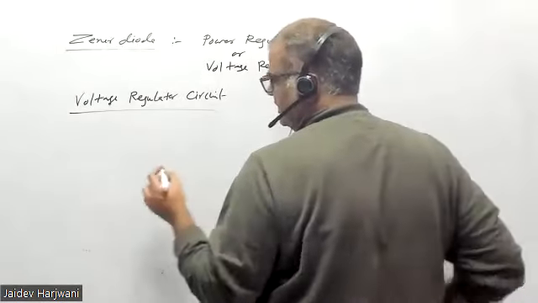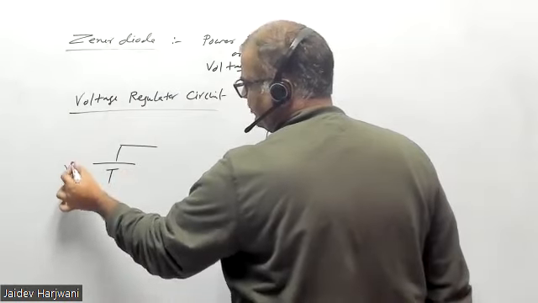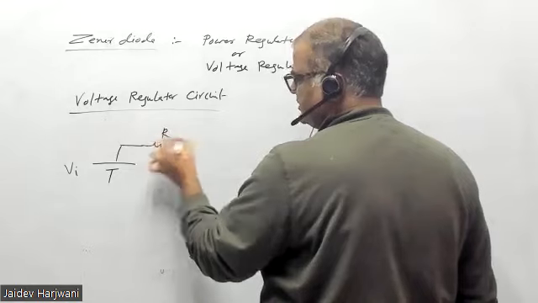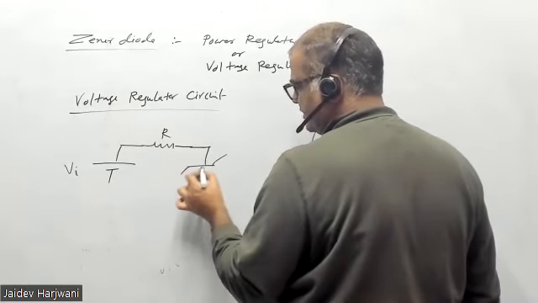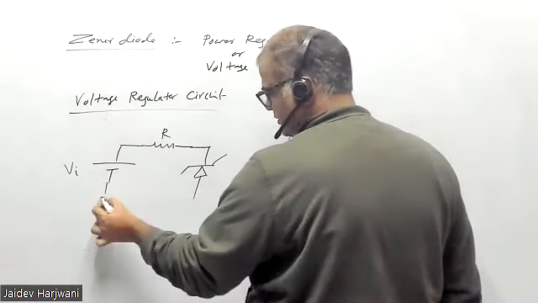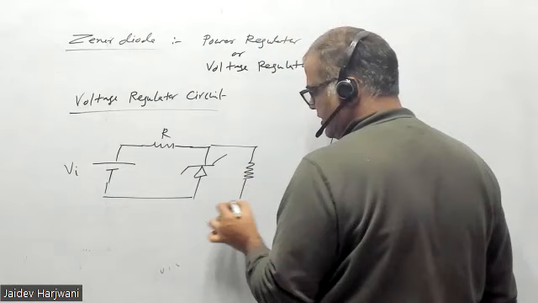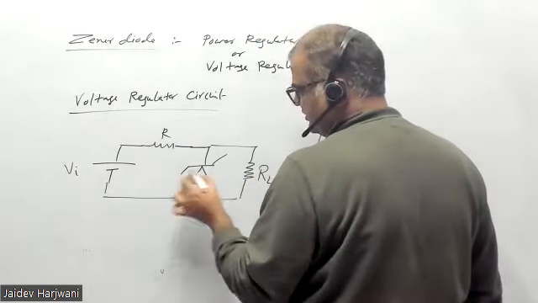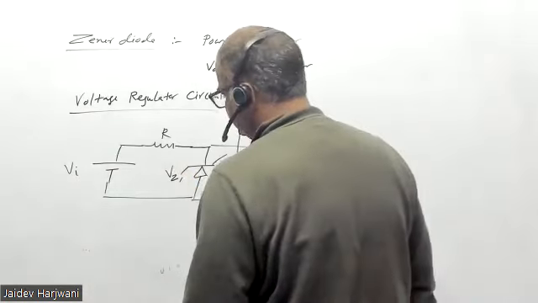You have a battery, say VI, the input voltage I am applying here. Here we have a resistance R. And here I am keeping a Zener diode, and here I am putting a load RL. This is your VZ, the Zener voltage.